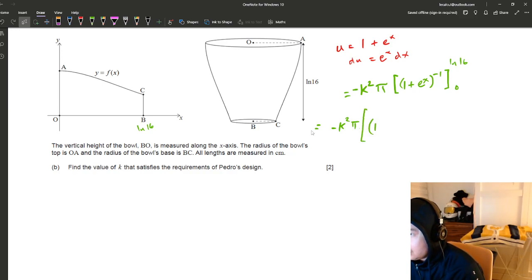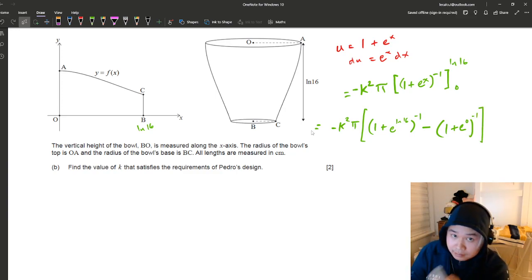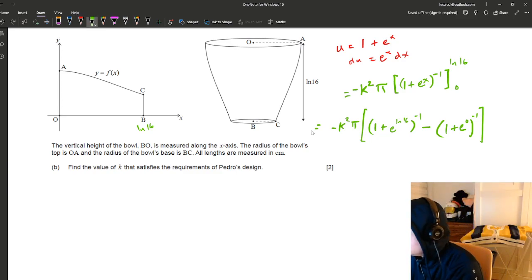So you got 1 plus e to the natural log 16 to negative 1 minus 1 plus e to the 0 to negative 1. Okay. So this is 16, which means that this is 17, which means that this is 1 over 17.